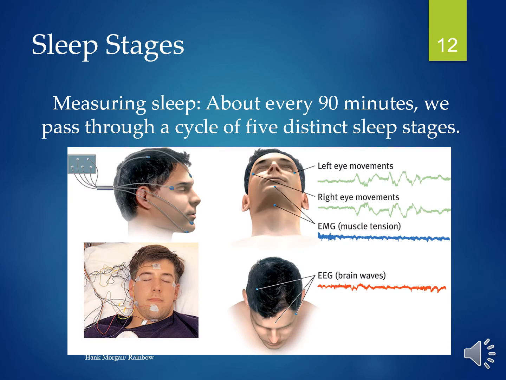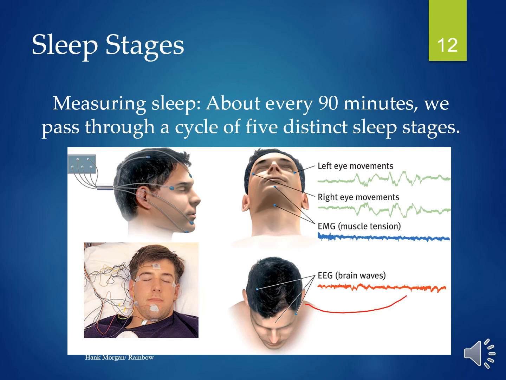Okay, in terms of what's actually happening while we are sleeping, we're going to look at the biological rhythm of our sleep. We're going to cycle through various phases of sleep throughout every normal night. Each cycle of sleep occurs about every 90 minutes as we pass through a cycle of 5 distinct phases, and we'll look at each of these phases.